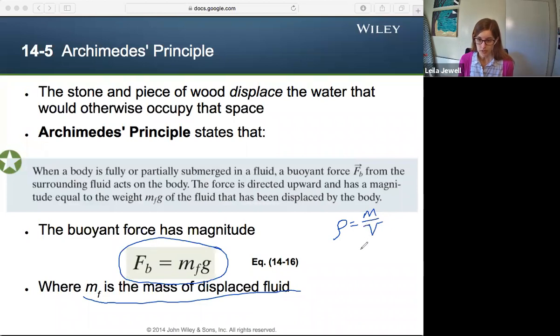I could solve this for mass equal to the density rho times the volume. That gives me another convenient way to write this buoyant force equation: F_b is equal to the density of the fluid times the volume that has been displaced of the fluid, which sometimes is the volume of the object, times g. So that is another way that we can calculate our buoyant force.